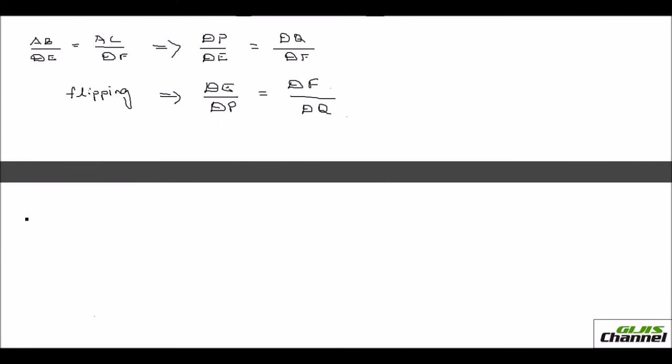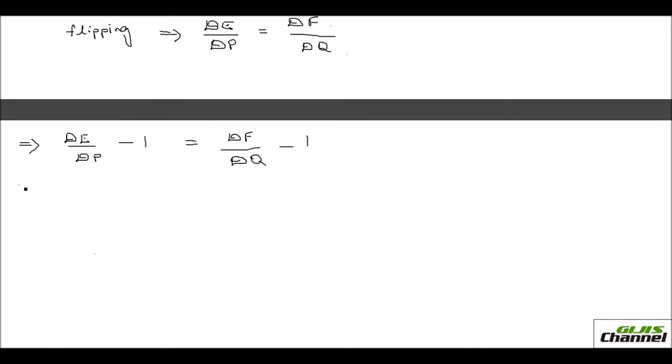And in the next step, I'm going to subtract 1 from both. So I would write DE over DP, take away 1 is equal to DF over DQ minus 1. When I take away 1 from my left side, I have to do that to my right too, right? So that the value doesn't change. Now this could be written like DE over DP minus, and this 1 I write it as DP over DP, okay?